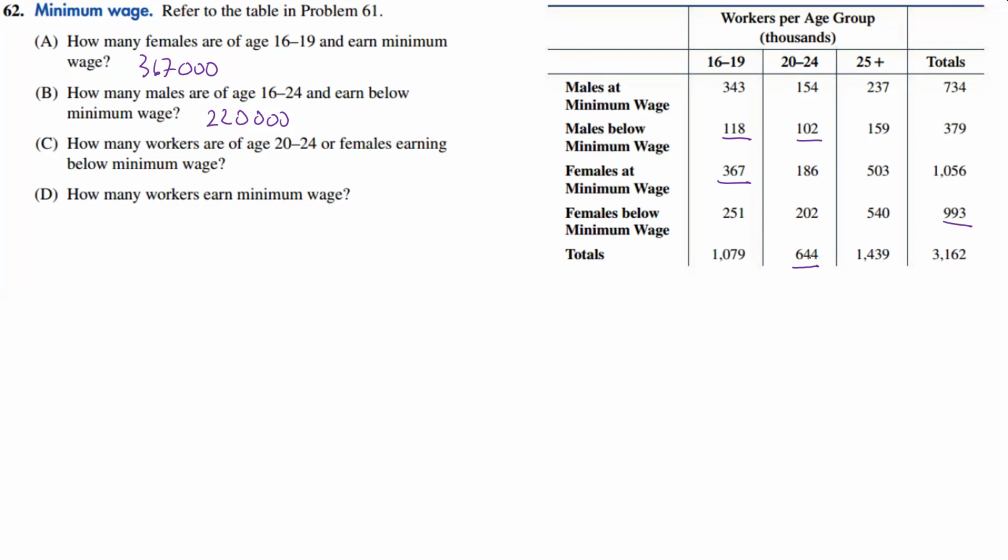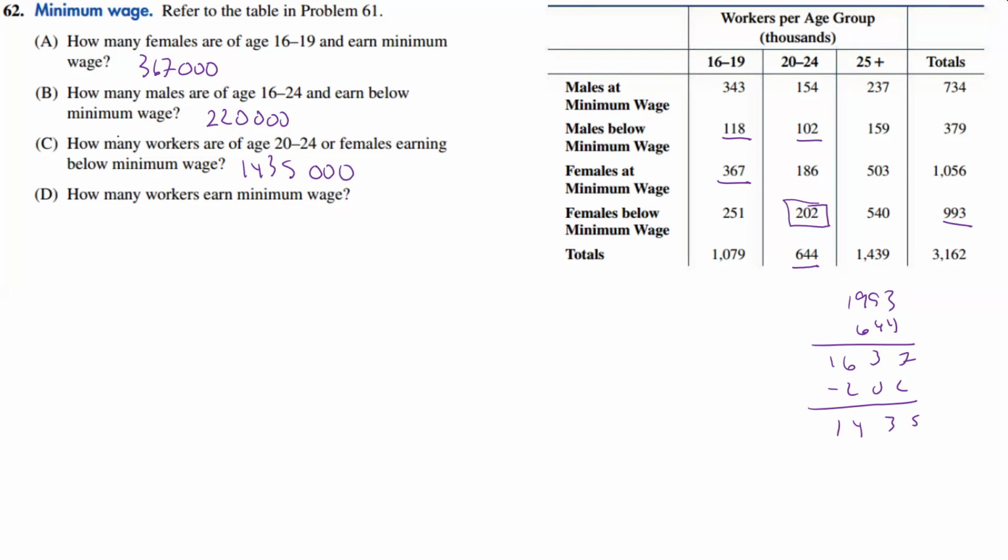And so we'll add those two together and then we have to subtract off the intersection. So that's going to be 993,644, and subtract the intersection, which gives us 1,435,123.